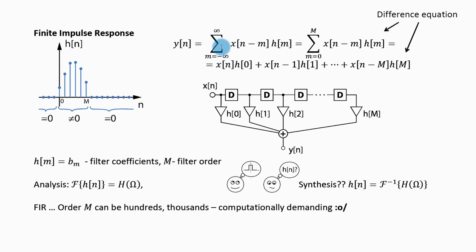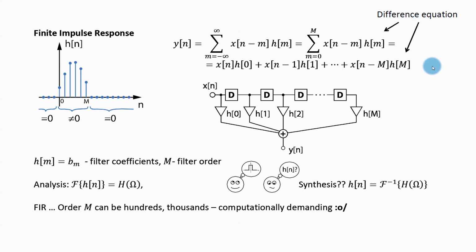So this formula simplifies into this, which can be written like this. Last time, we just called this a convolution. Today I will add a new name. For an FIR filter or an FIR system, these two equations also go under the name difference equation. It is just another name how to call this.